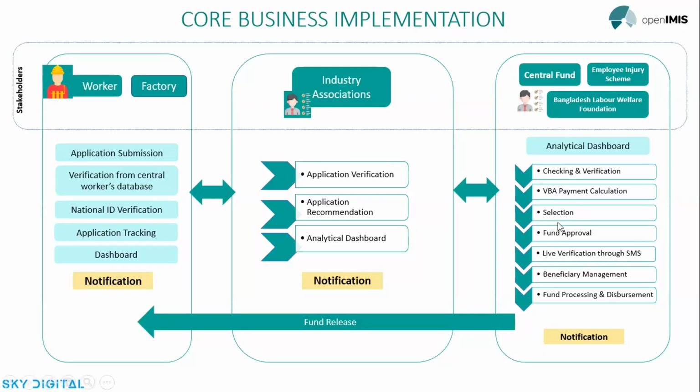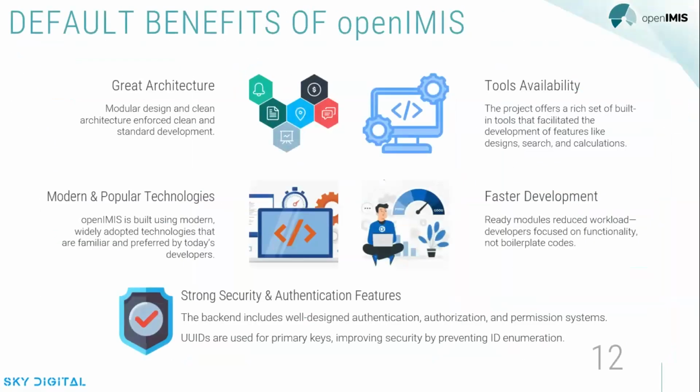Since a few beneficiaries get a pension for around 10 or 20 years, sometimes we need to do live verification, whether the dependent is alive. That is also done using the system. So this is the core business implementation of openIMIS in Bangladesh.